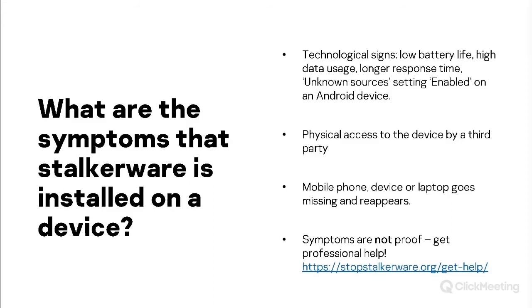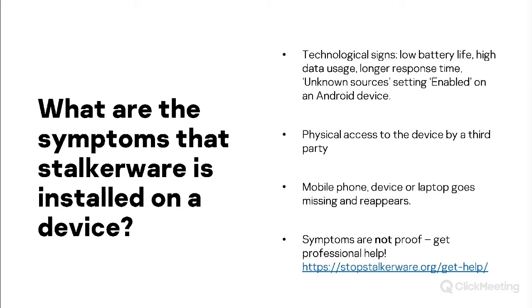The question then, what are the symptoms? How could you even become suspicious that something is wrong? Well, definitely what we can say from a technical point of view: low battery life, because Stalkerware needs a lot of data. It takes a lot of battery, of course, for the abuser to look at your phone all the time. It means that your phone is also working all the time, and it needs to use the energy somewhere.